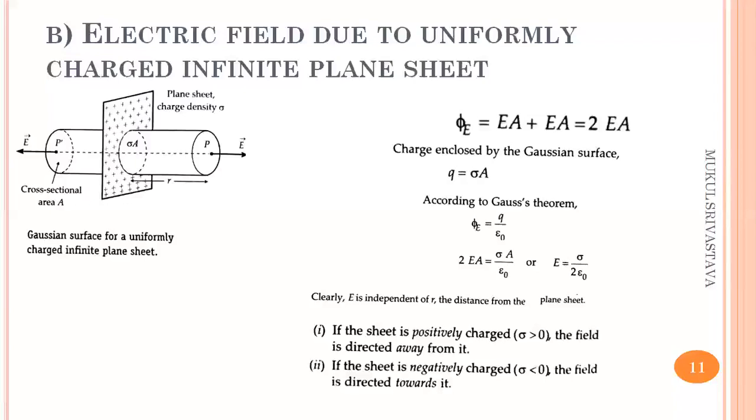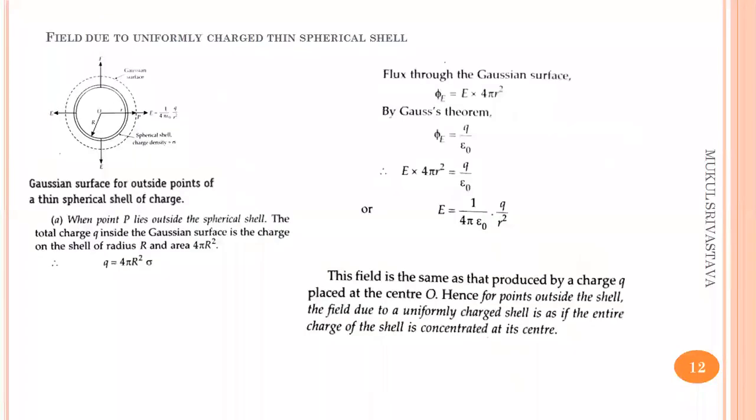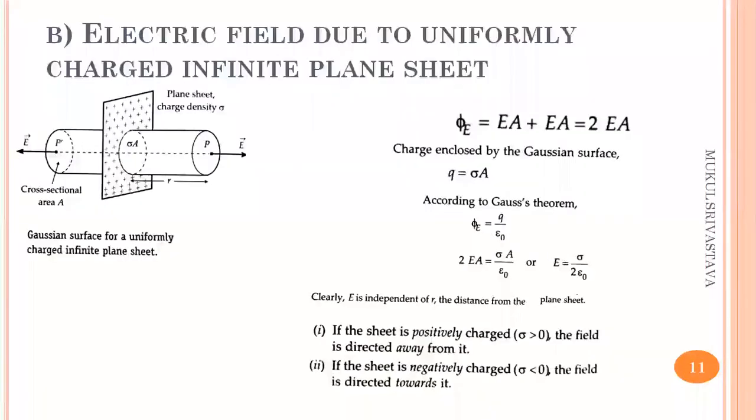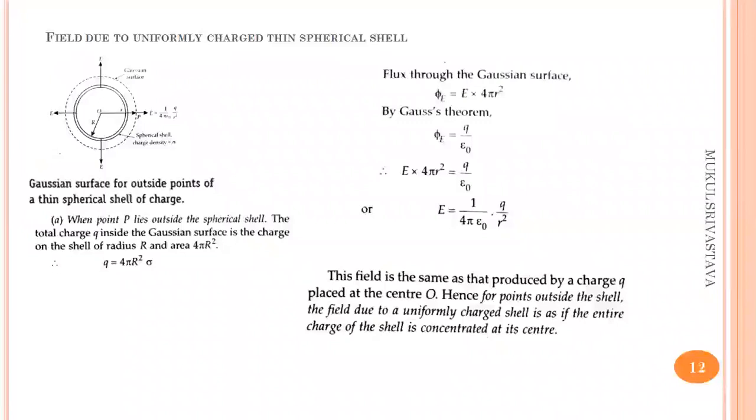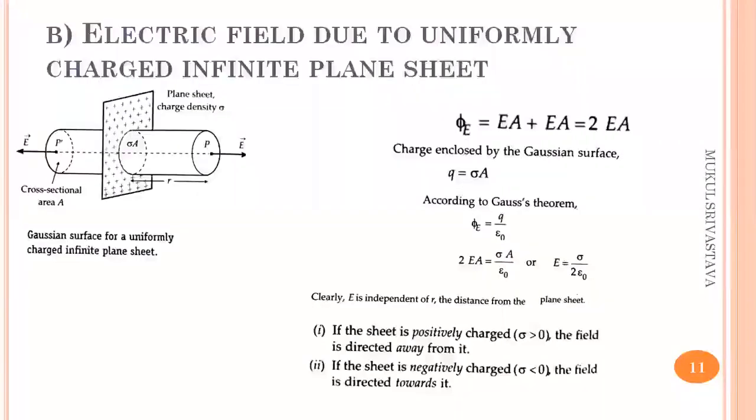We put the value of Q, sigma A upon epsilon naught, which equals 2EA. So E equals sigma upon 2 epsilon naught.